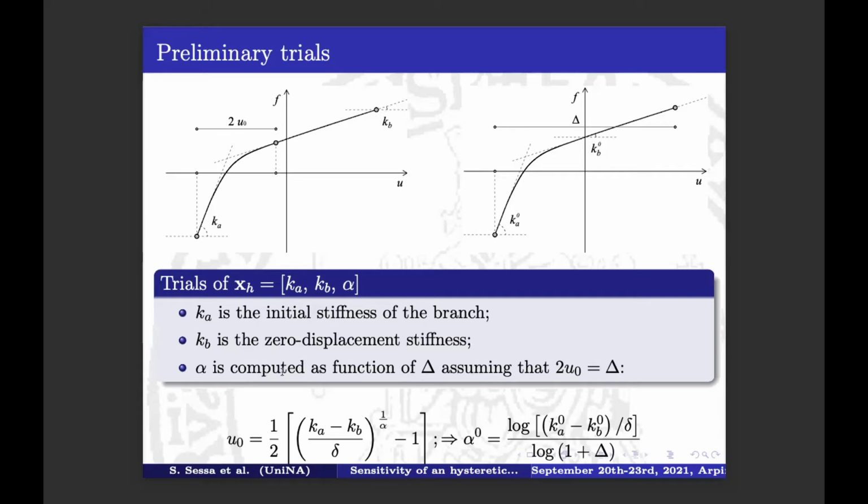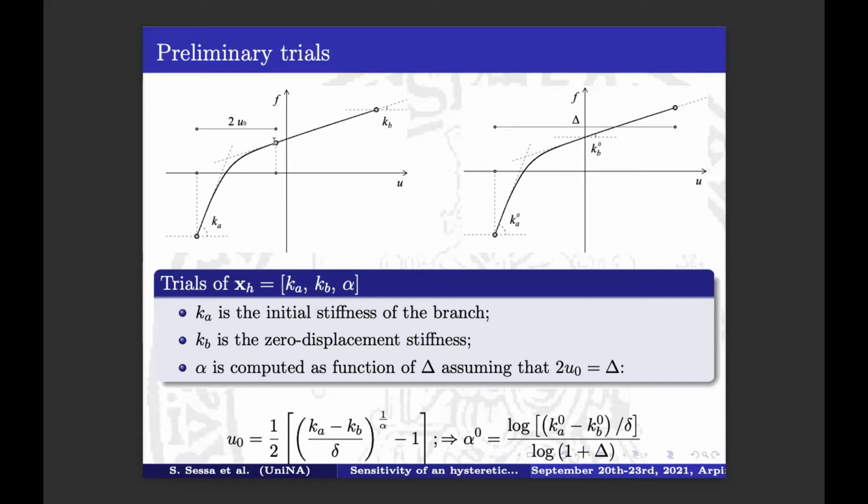For what concerns alpha, alpha has no direct physical meaning. I mean that I cannot see it in the graph, but this is related to this other quantity, u0. And u0 is the displacement interval that brings my response from the transition curve, this point, which is supposed to be on the bottom part of the hysteresis loop, to the top boundary of the hysteresis loop.